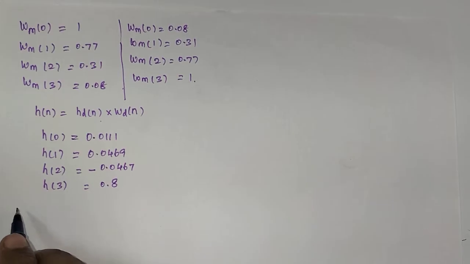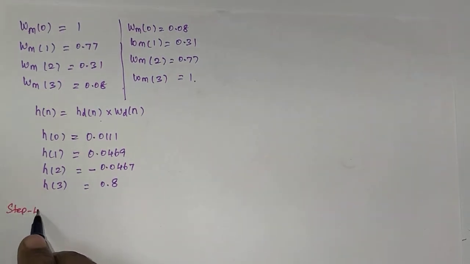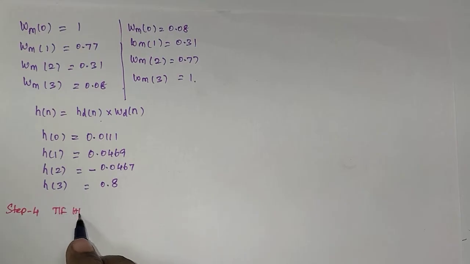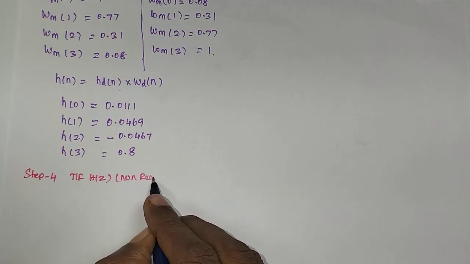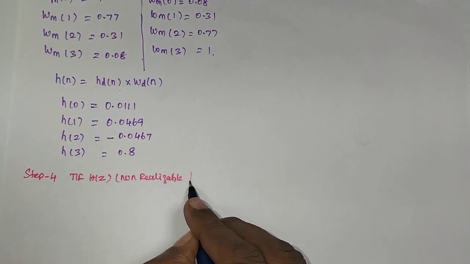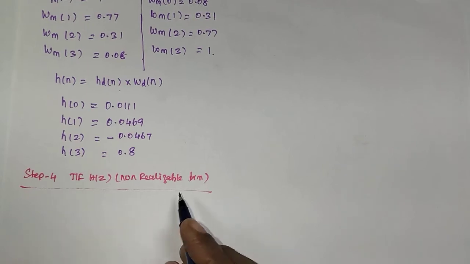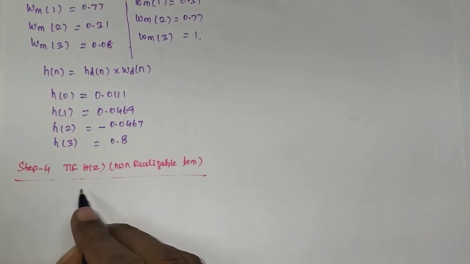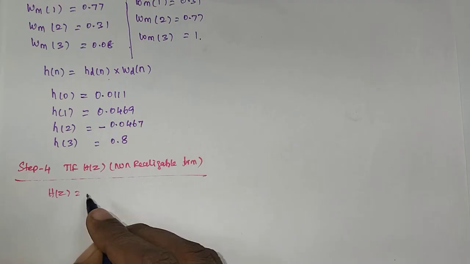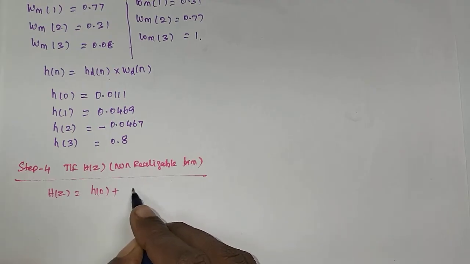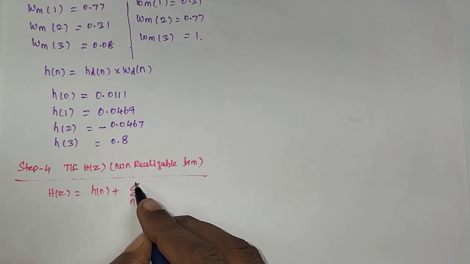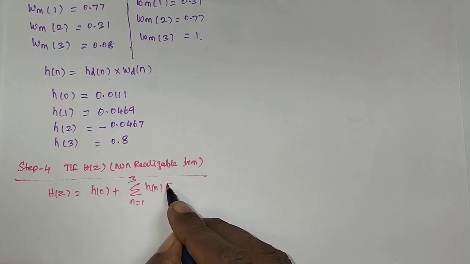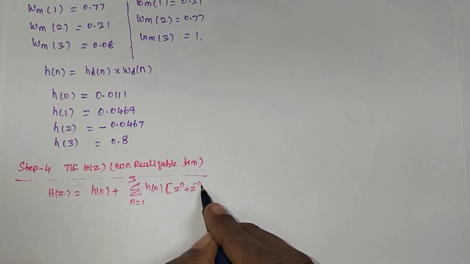Next step is we have to find the transfer function H of z, which is in non-realizable form. The relation to find this H of z is equal to h of 0 plus the summation n is equal to 1 to (N minus 1) by 2, where (N minus 1) by 2 is 6 by 2, which is 3, of h of n into (z power n plus z power minus n).